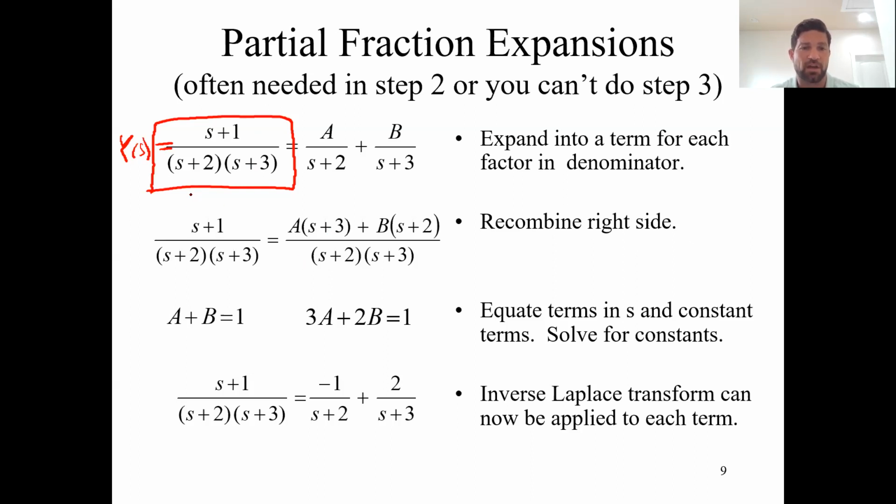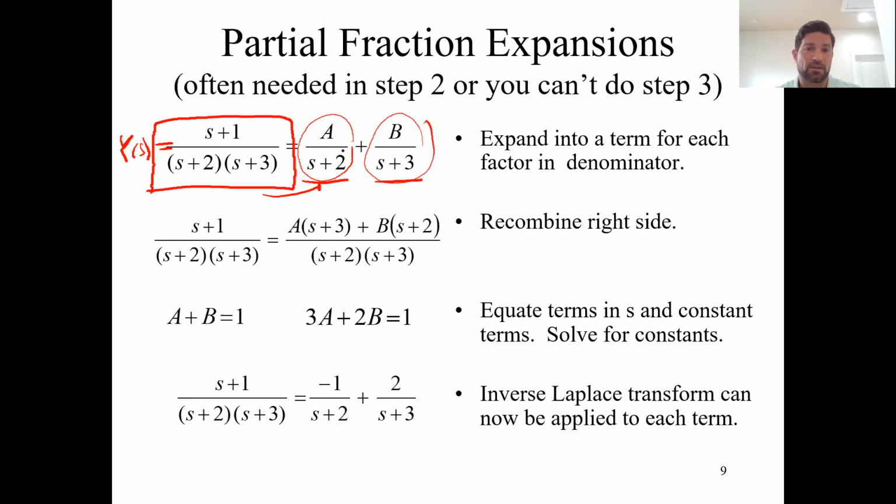What that means is a lot of times if we have these products or roots in the denominator, we want to break those apart to make them look like this, because terms that look like this show up in the Laplace table. So partial fraction expansion means that this fraction right here can be expressed as something over s plus 2 plus something over s plus 3.